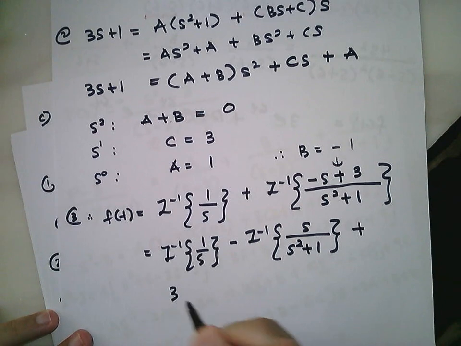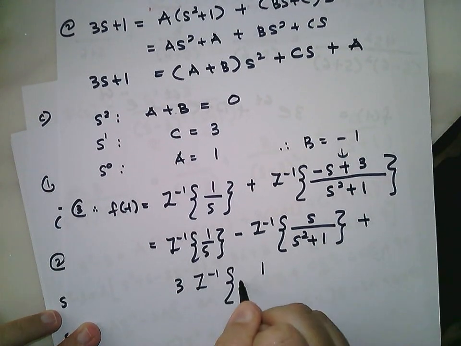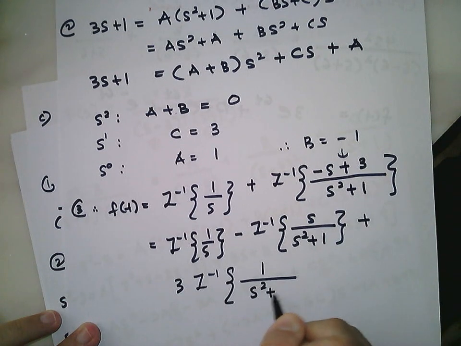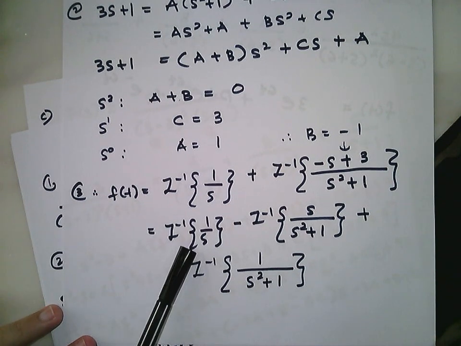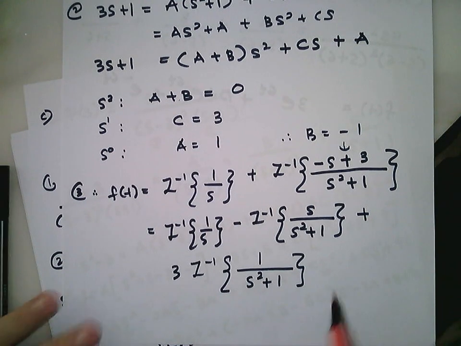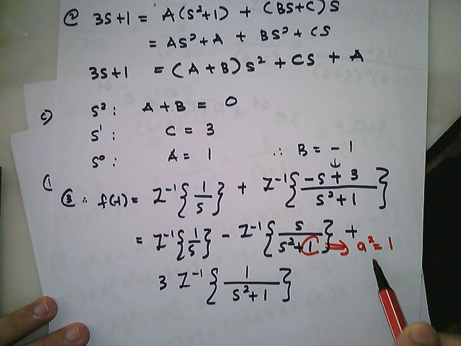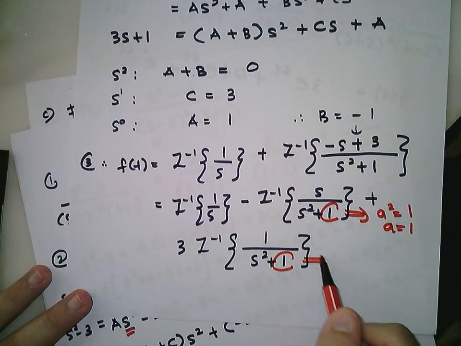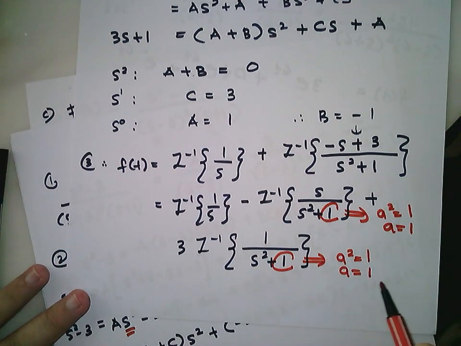So factorize 3, and you are left with the inverse of 1 over s squared plus 1. As you can see, this one you can get directly from the table, this one also. For this case, your a squared is equal to 1, so your a is equal to 1. This one here, your a squared is equal to 1, so your a is equal to 1.